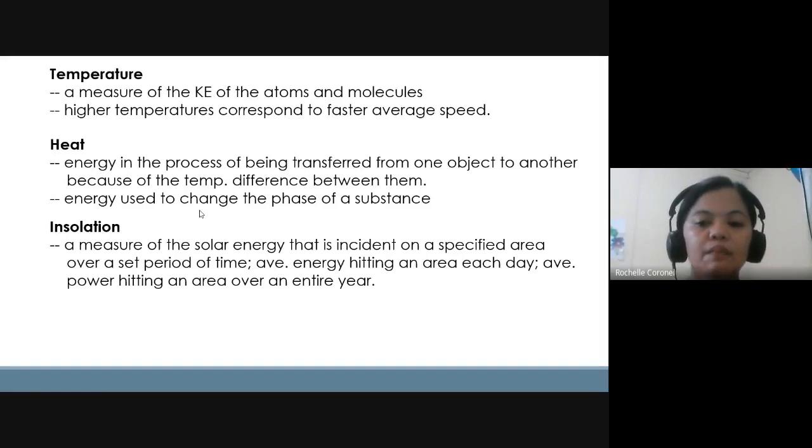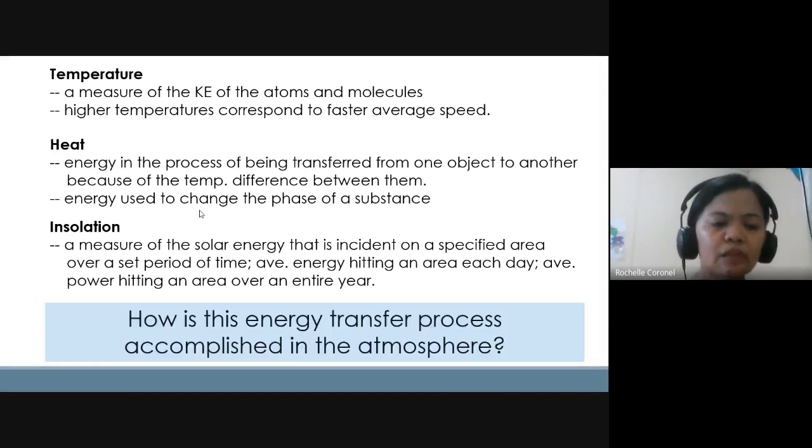This is very important, because this explains why the heating in the equator is much higher than the heating over the two poles, and hence it causes circulations in the atmosphere. But anyway, so this is insolation. We have temperature, heat, and insolation.